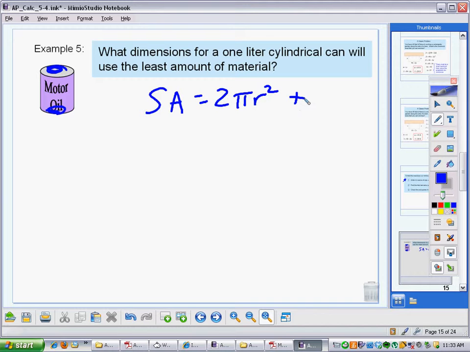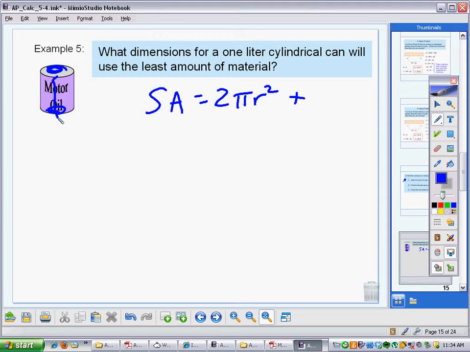Now I need, oh, this is a tough part, or is it? I need lateral area, or this. Oh, I wonder how you find the area of this thing. What shape is this? It's a rectangle when you cut it down the middle and unroll it.